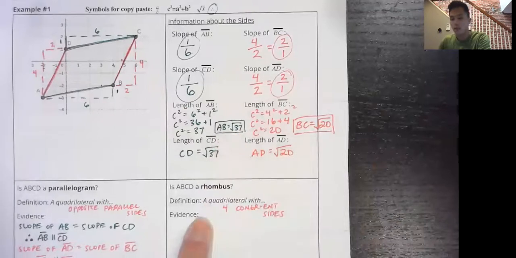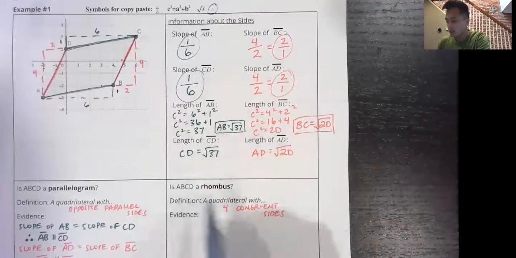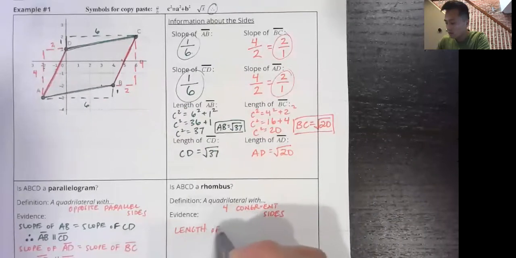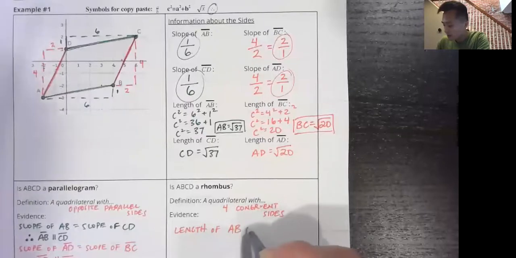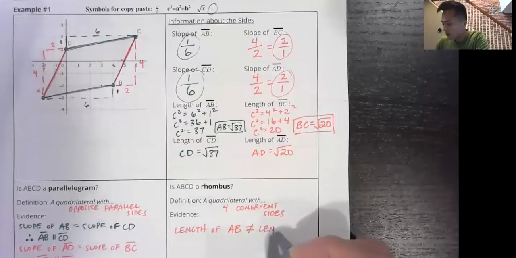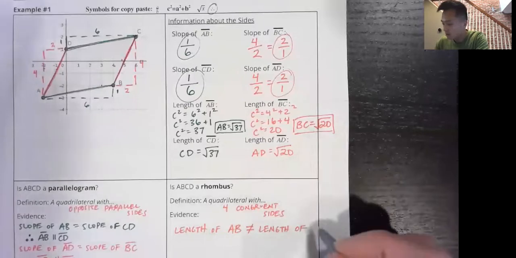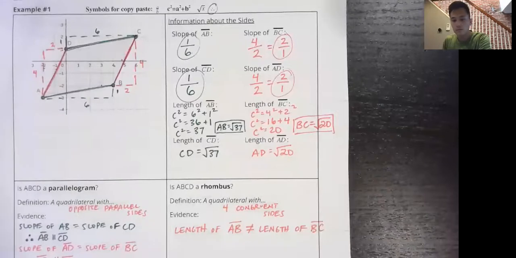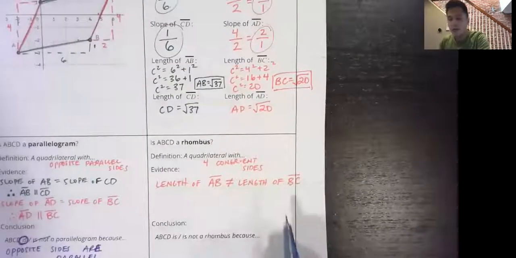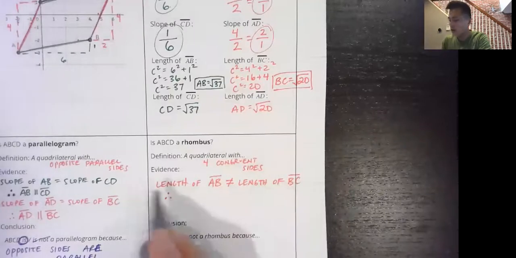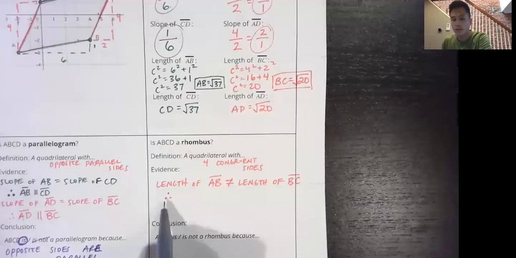So that's what I need to say in my evidence here. I can say something like the length of AB is not equal to the length of BC, for example. And if those lengths are not the same, I can also say, therefore, and in your evidence, I want you to have therefore statements every time.